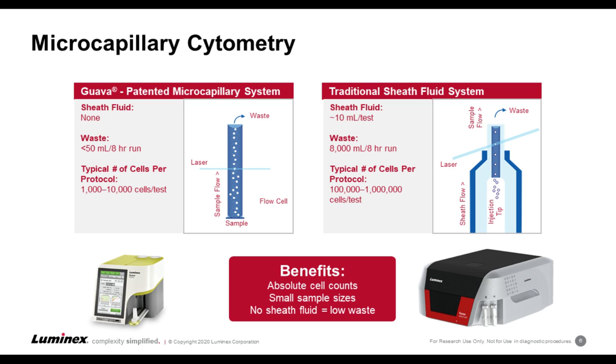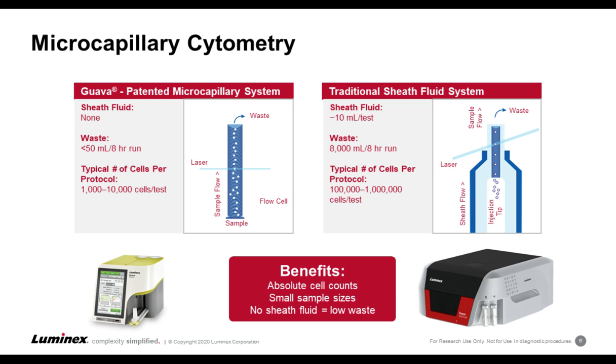First, because of the nature of the technology and the use of a precision pump, we can get absolute cell count information without having to add external beads. And this capability to get absolute counts automatically brings benefits in many application types. The design leads to small cellular samples being needed for analysis, and this can be very valuable in COVID-19 research, where researchers are trying to maximize the information from precious samples available.